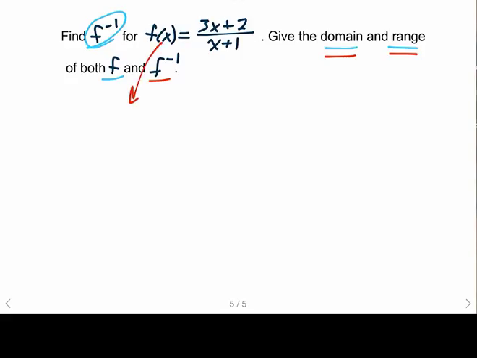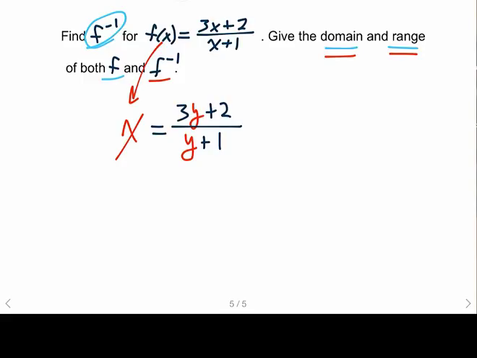So f of x we're going to rewrite as x, because remember that represents y, is equal to 3y plus 2 divided by y plus 1. We need to use strategies that we have for solving equations generally. Keep in mind we're solving for y.